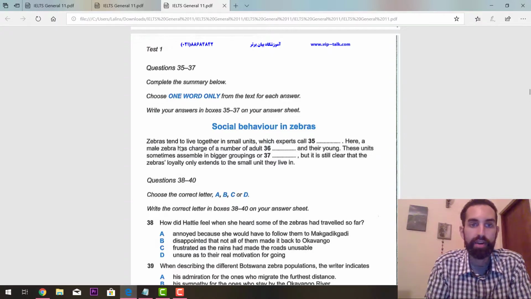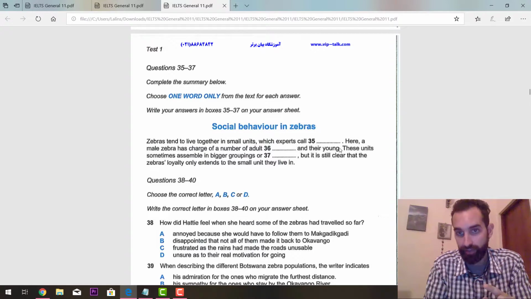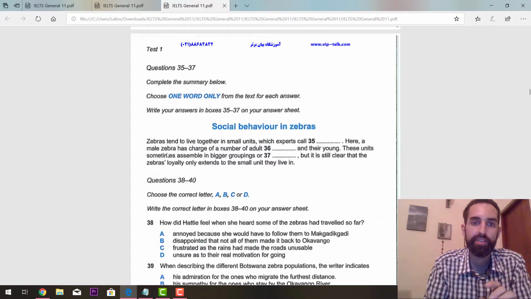Here, a male zebra has charge of a number of adult blank 36, and their young. These units sometimes assemble in bigger groupings or blank, but it is still clear that the zebra's loyalty only extends to the small unit they live in.